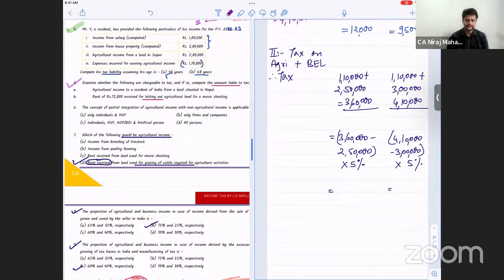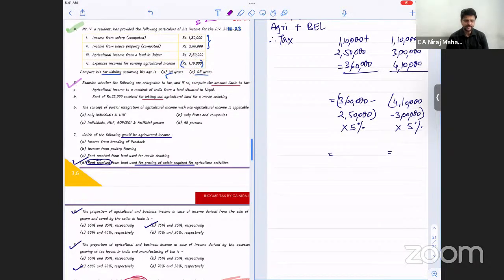How much is this? First figure, is it 5,500? Correct. And second figure also, is it 5,500? Okay.